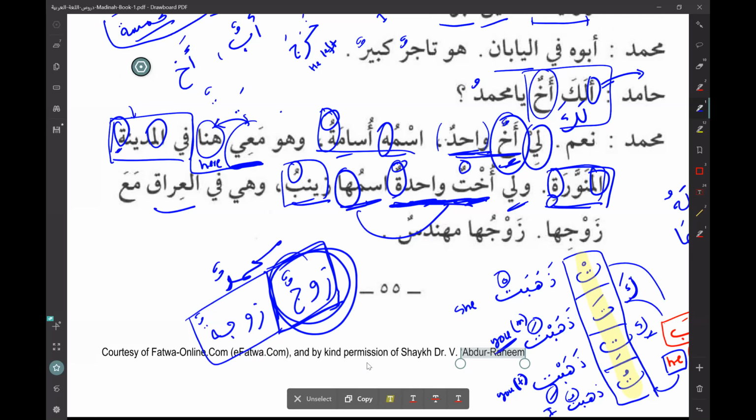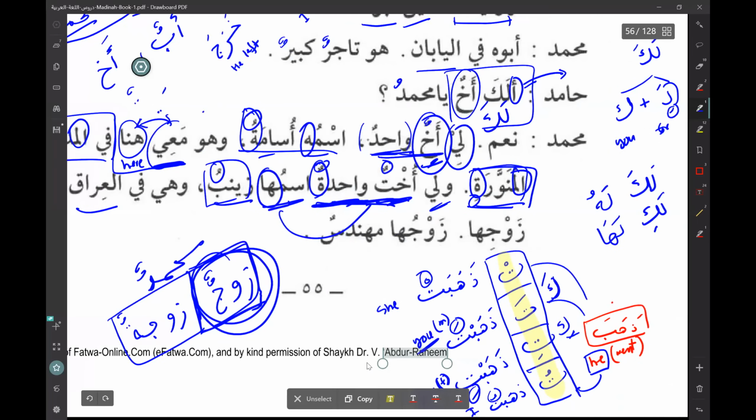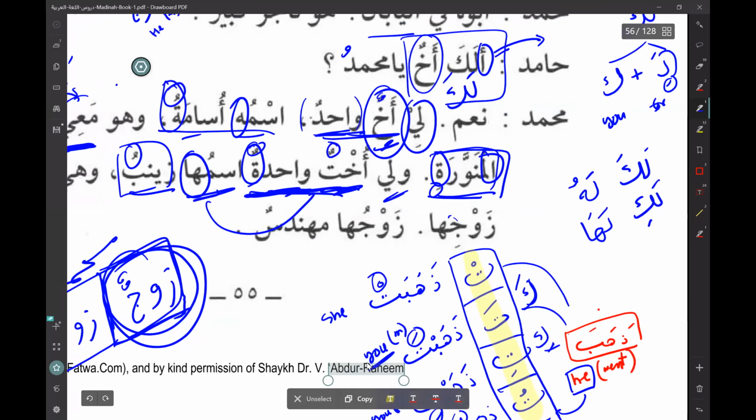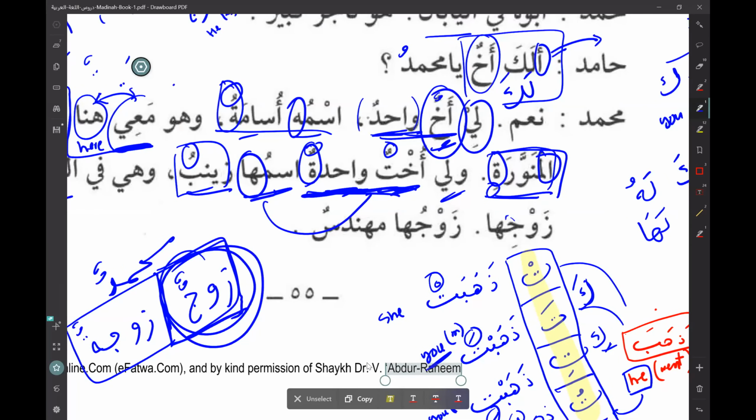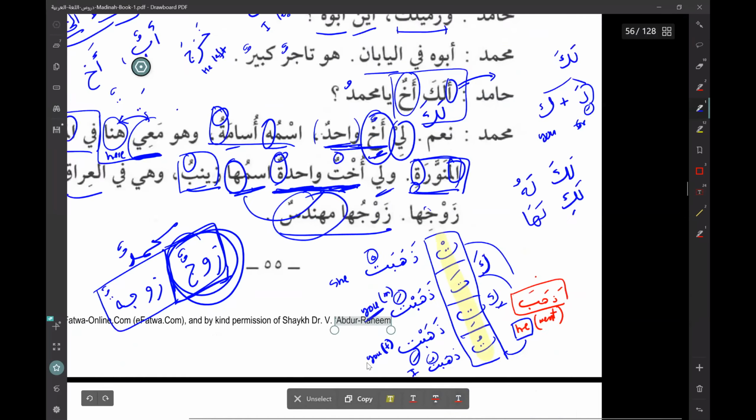So zawj you translate as spouse, and you didn't need the tamarbuta. Right now, they kind of distinguish between them. So when you say zawjiha, that means it's husband. If it was zawj with the tamarbuta, it would be wife. Okay, anyway. So zawjuha muhandisun. Her husband is muhandis. You should know what muhandis is: engineer.